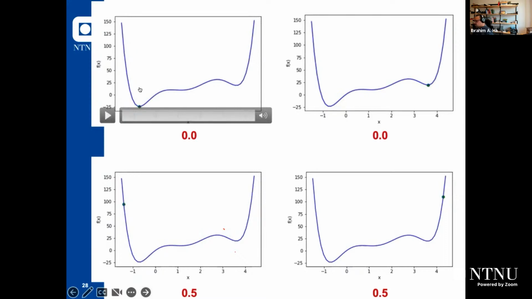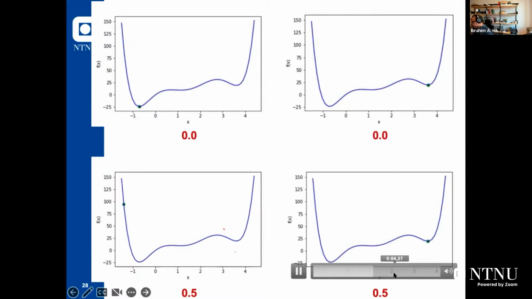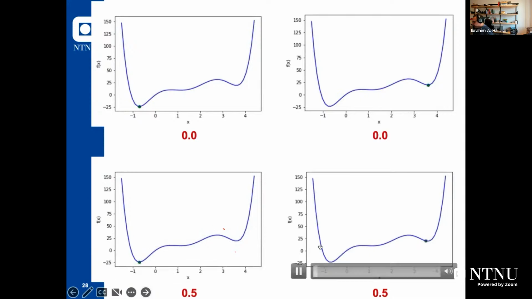Here we try to increase the momentum term to 0.5, but it's still not enough to push you out of this local minimum. If you are at the global minimum, it's fine, because there is no harm in having the momentum term; you will end up in the global minimum, hopefully.